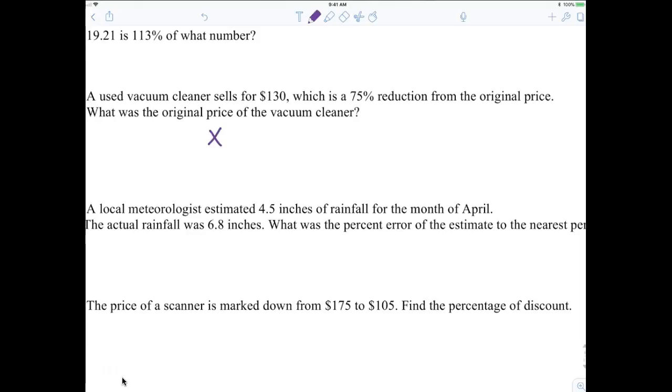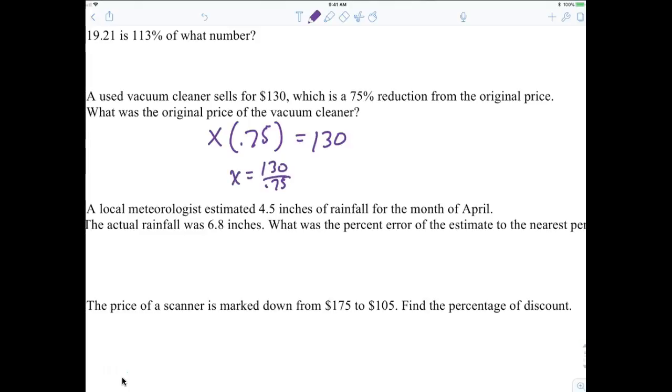Then we're going to multiply that by what? 0.75. Yes, 0.75. And then that would be equal to what? 130. That would equal 130. Then we do what? Divide by 0.75. That's correct. So X is equal to 130 divided by 0.75.